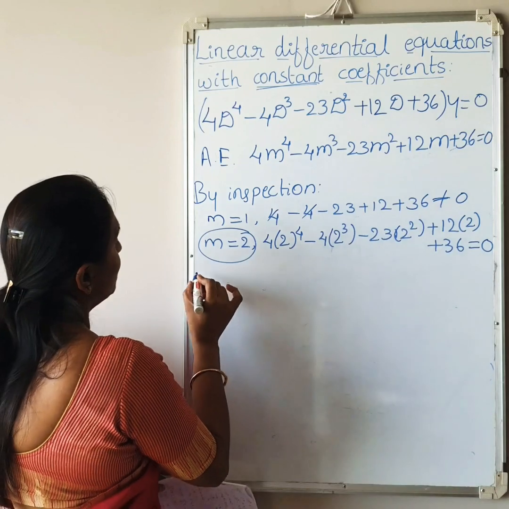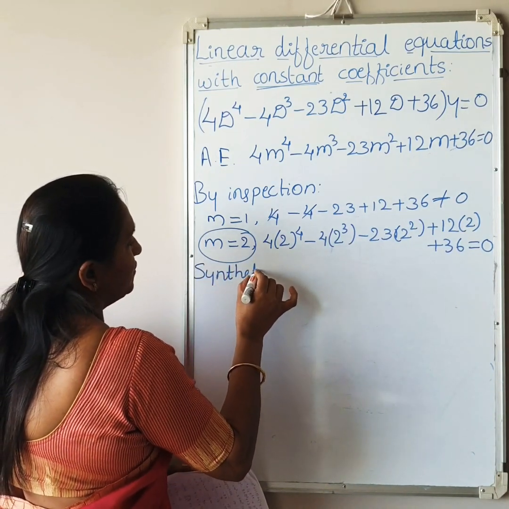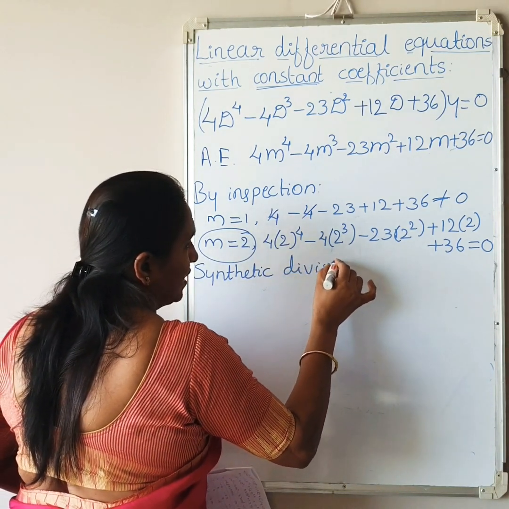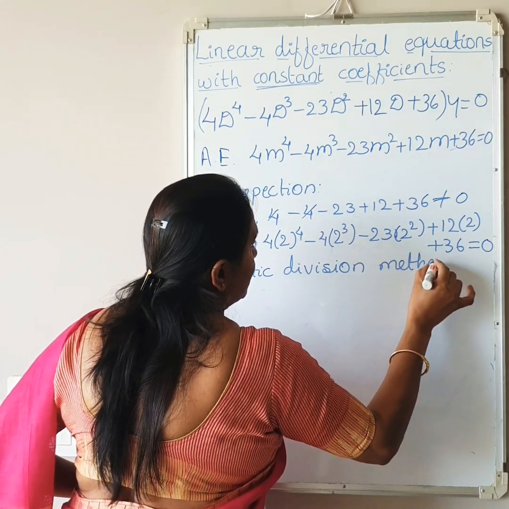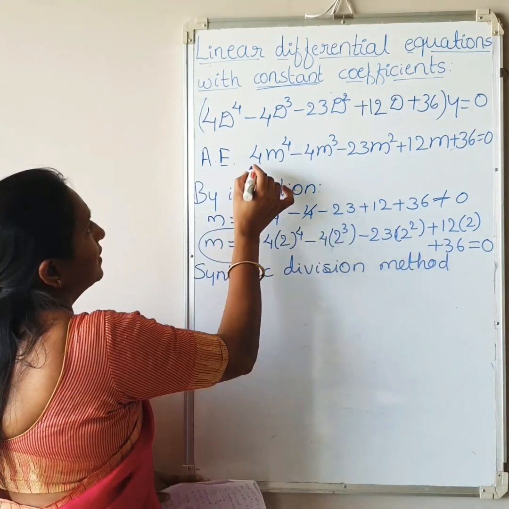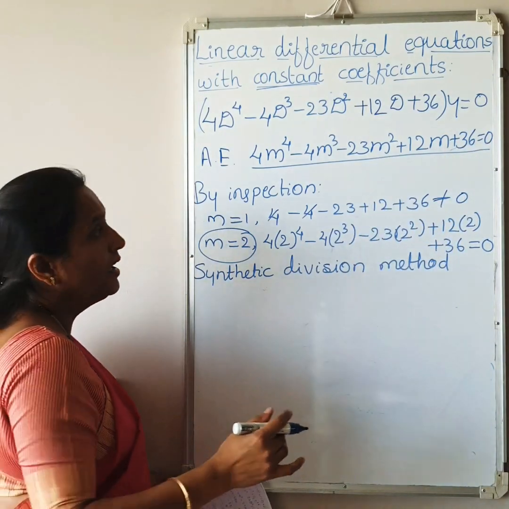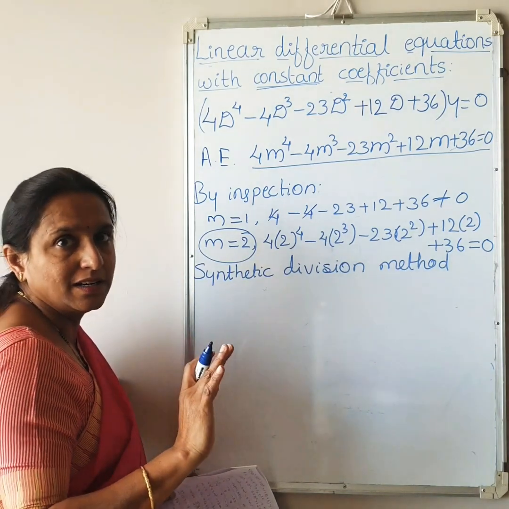So for that we use the synthetic division method. What is the synthetic division method? You have studied it in your 10th and PU also. I will explain here. In this we have to take the coefficients of the given equation in descending order. If any coefficient is not there, in that place you have to write 0.